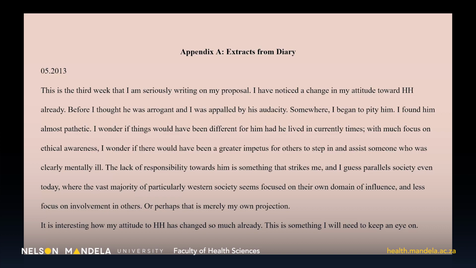All right. When I think he's arrogant, I might be harder on him. So it can influence the way in which I'm looking at the data. And by putting it down in a research diary, I'm trying to track my thoughts and feelings about him so that I can bracket it away.